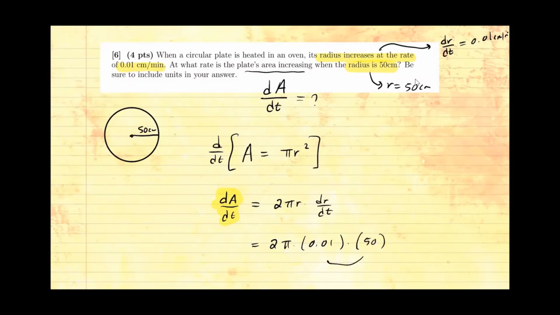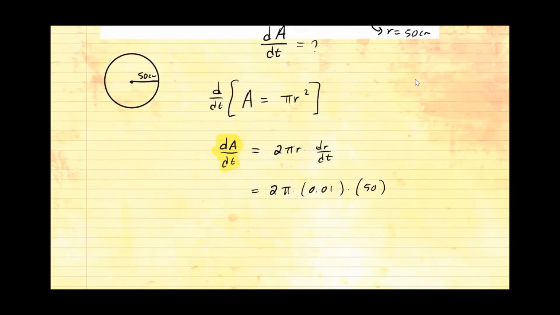It shouldn't be like this, but of course, multiplication is commutative, so it doesn't really matter. And just multiply these out. What do you get? You get 100 pi times 0.01. Well, that's also 1 over 100, right? So they cancel out, it's just pi centimeters squared per minute.